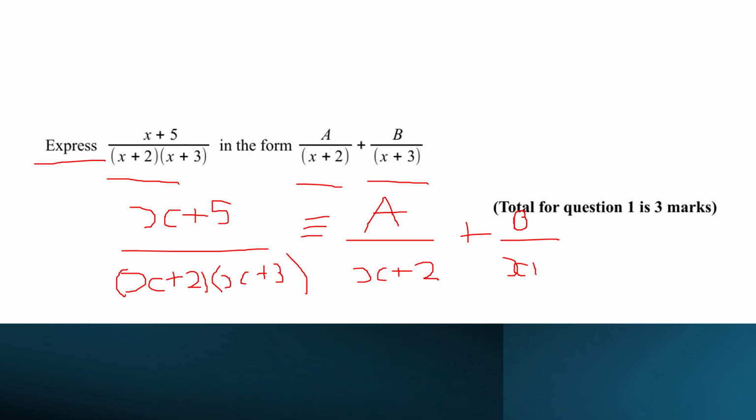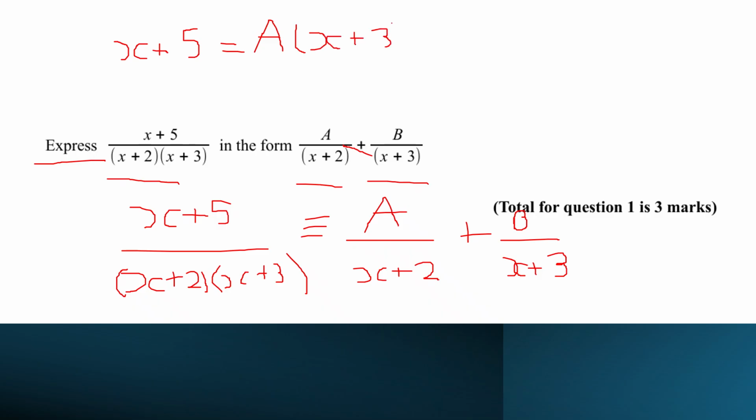So what happens next? Well, I'm going to do some cross multiplying. I'm going to multiply everything through the identity by (x + 2)(x + 3). So what is that going to give us? On the left-hand side, I'm going to be given just x + 5, is equal to a times (x + 3), and then b times (x + 2).